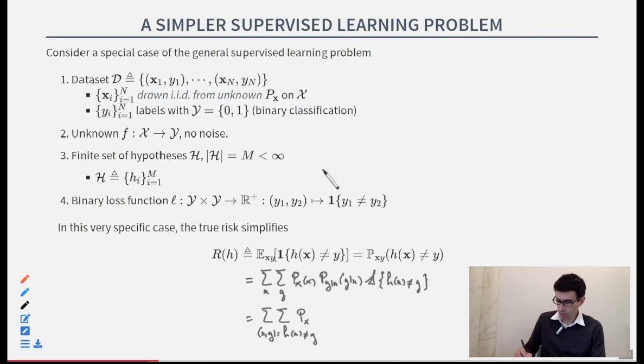You're summing the joint distribution, P_XY of X and Y. And that, by definition, is what I call the probability over my random variables X and Y of h of X not equal to Y.